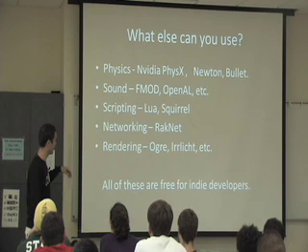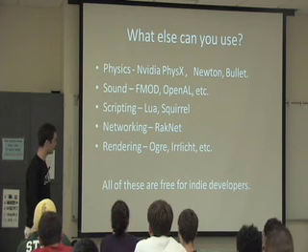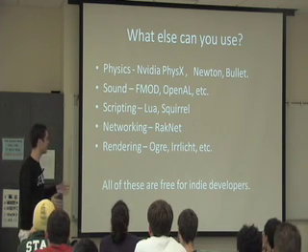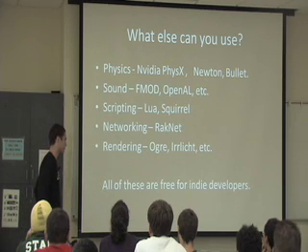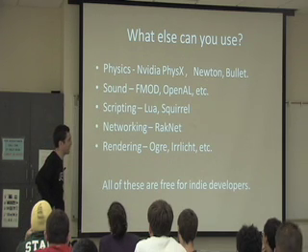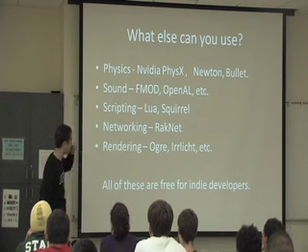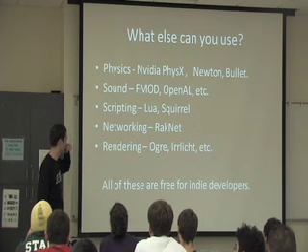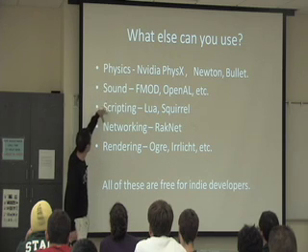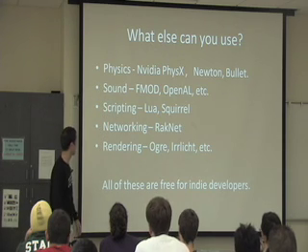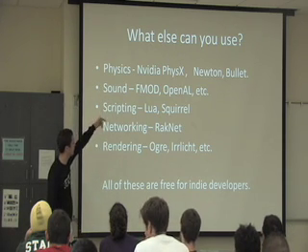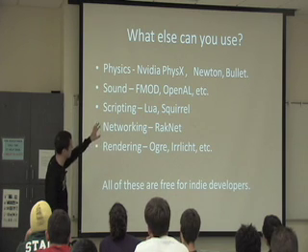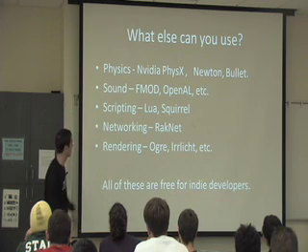So for rendering, this is kind of iffy because Ogre and Irrlicht are very popular, but I'm not too sure because I haven't worked with them. Ogre and Irrlicht take care of all of this stuff in one way or another. And I think they implement PhysX, Newton, or Bullet. They might implement them all. Who knows?